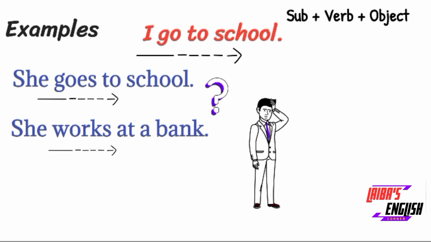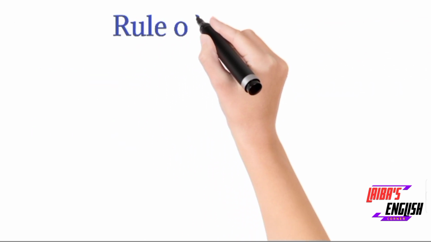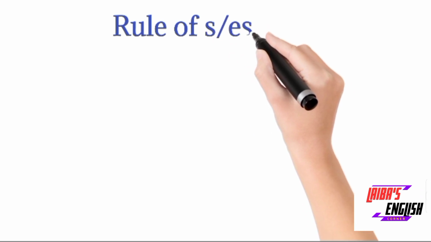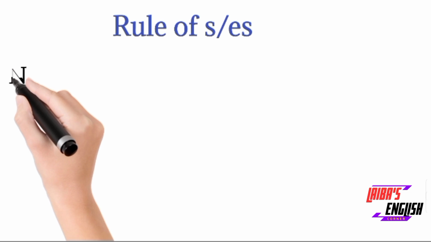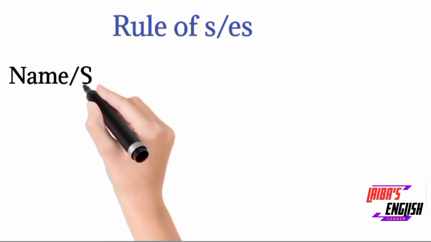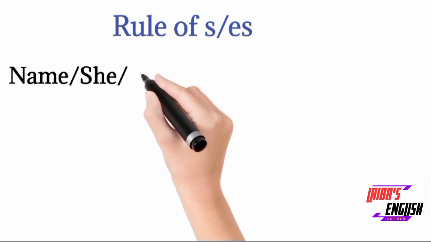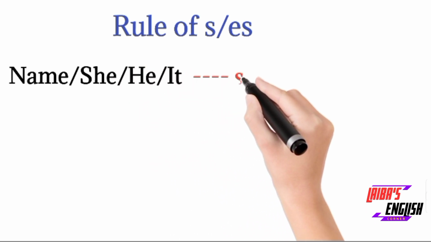But why do we use s and es with the first form of verb? Now we will clear the rule of s and es. Where do we use s, where do we use es, and where we don't use either of them? Let's see. Whenever there is a name, he, she, it in a sentence as a subject, we will use s or es.